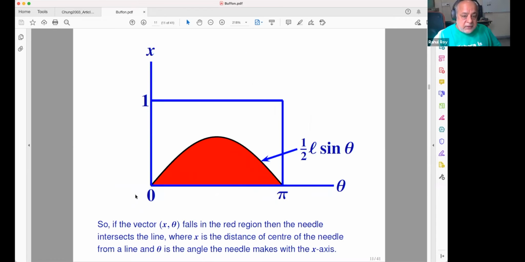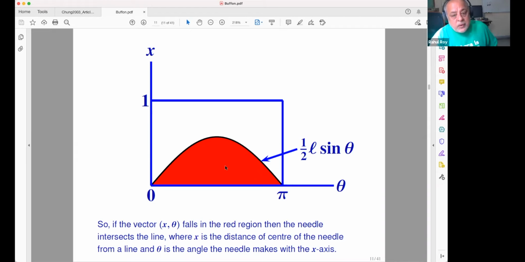What I have drawn here is the curve half L sine theta. Here this is theta and this is half L sine theta. So if I look at the vector x comma theta, if x comma theta lies in this red region, then the needle will intersect the black horizontal lines.